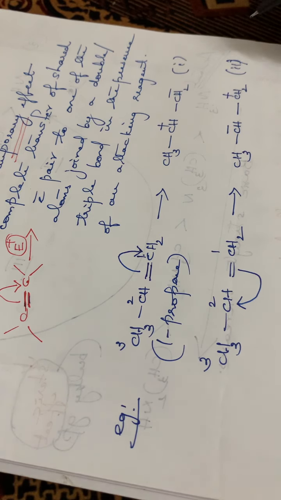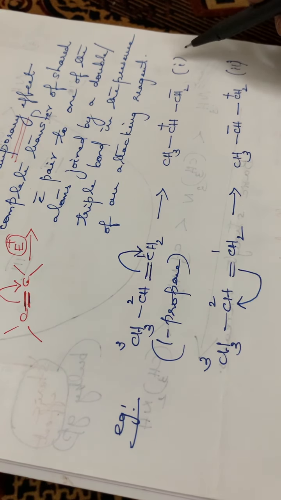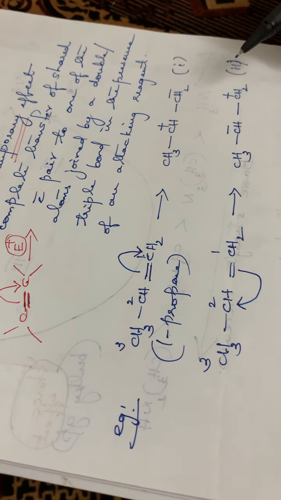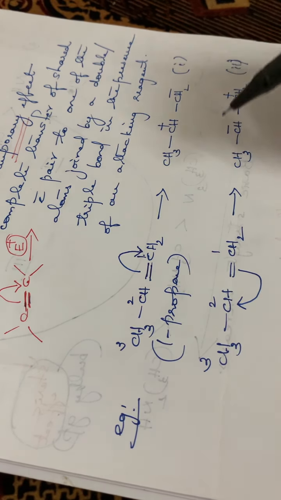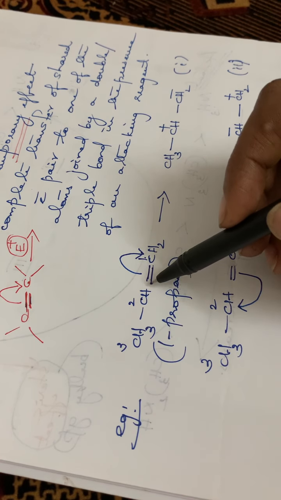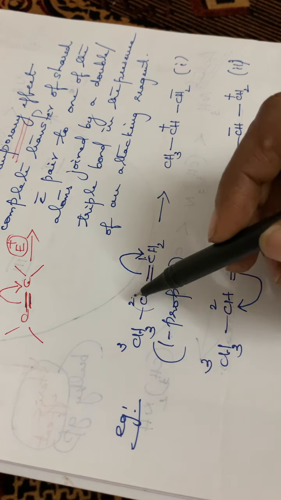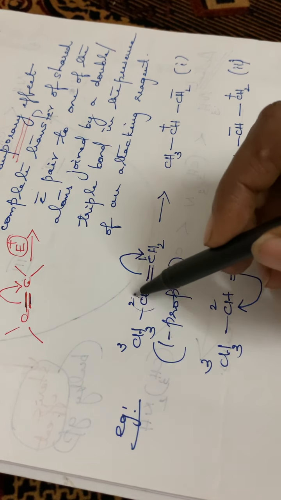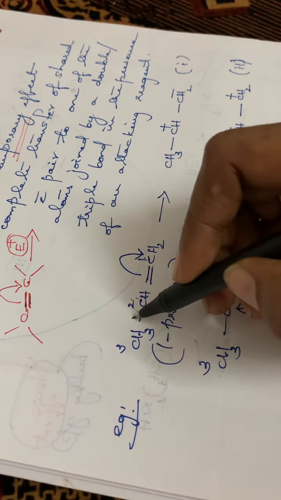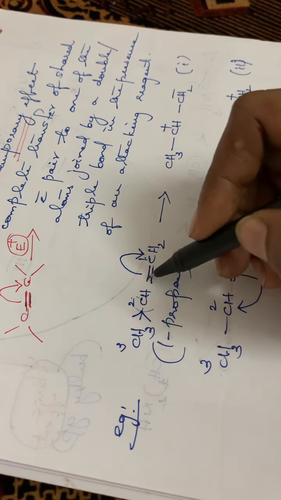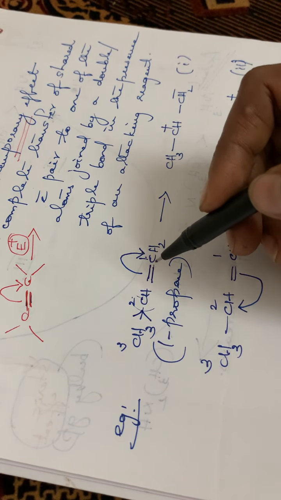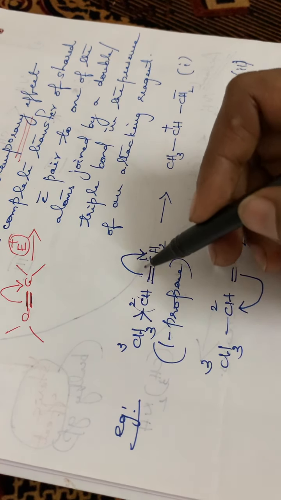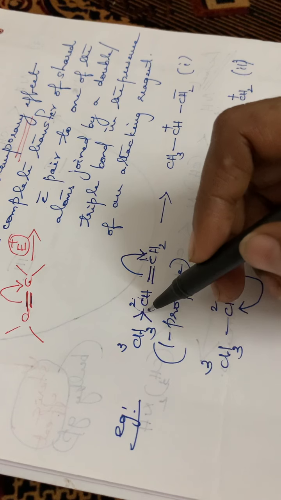But actually this is not the case. There are two chances, so which one will be the right electron displacement? In the first case, a plus I effect group is attached, that is, an electron releasing CH3 group is there. A plus I effect means the electron pull will be towards this carbon atom. So the electron shift will take place in the direction of this inductive effect.